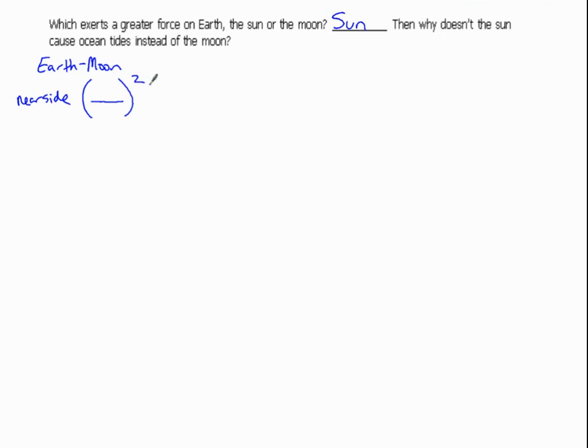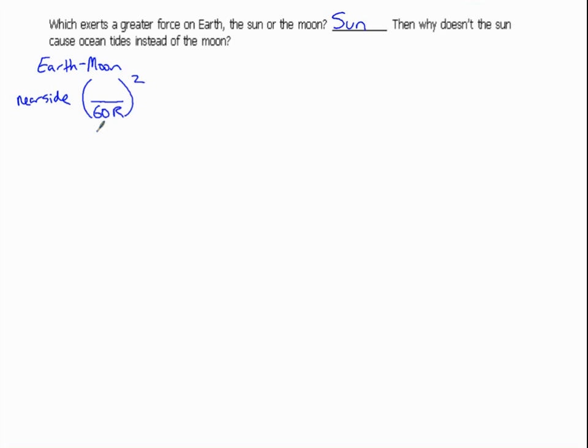So remember the radius squared, 1 over the radius squared. It was that inverse square relationship. So if we're just talking about the distance between Earth and the Moon, it would be 1 over the radius squared, 1 over 60r squared.